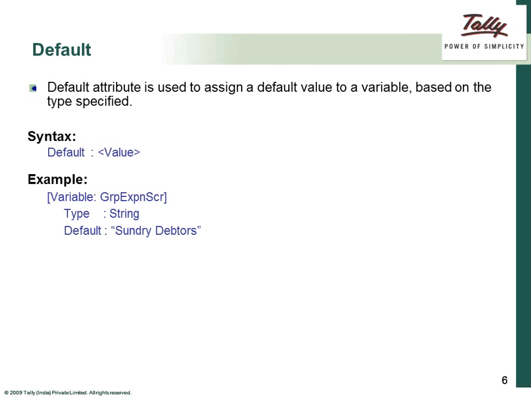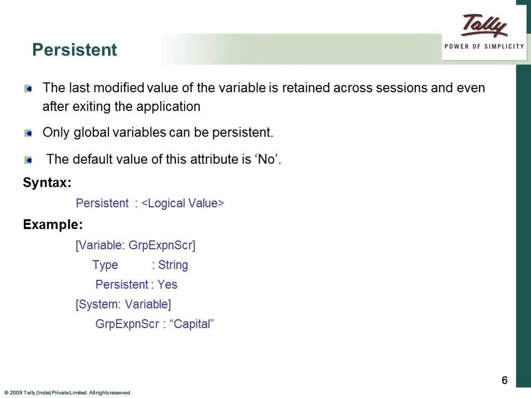Then we have an attribute called default. Then we have an attribute called persistent. Now, this is where, I think, Brian, yes, you had asked this question, that the yes does not remain yes, it becomes no again. Right? That was the question you had asked me.